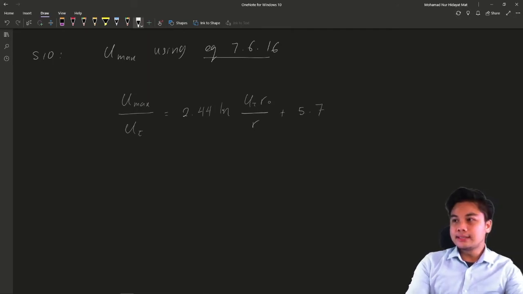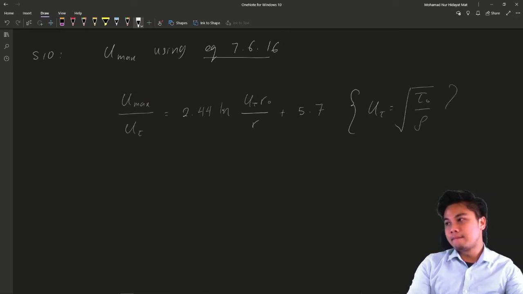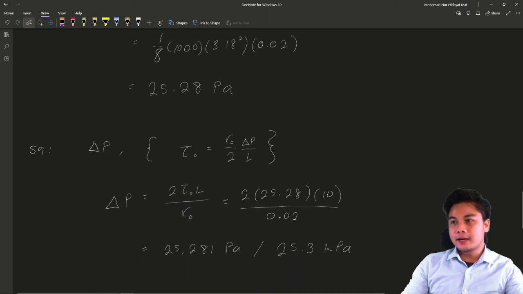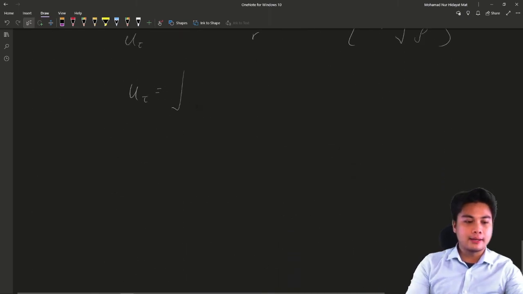In this case, we need to find the shear velocity, U tau. Remember that to get U tau, we take the square root of shear stress over density. So let's find U tau first, where our shear stress, discovered previously, is 25.28 Pascal.